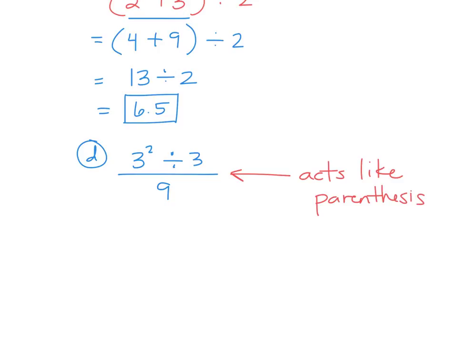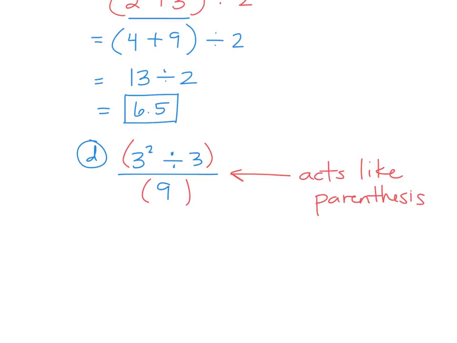So in other words, it makes it look like this. So you're gonna do what's on top, totally simplified, what's on bottom, totally simplified, and then your last step is to divide those two things. Okay, so it's a little tricky with the division bar because it doesn't really follow the rules like we say it does.